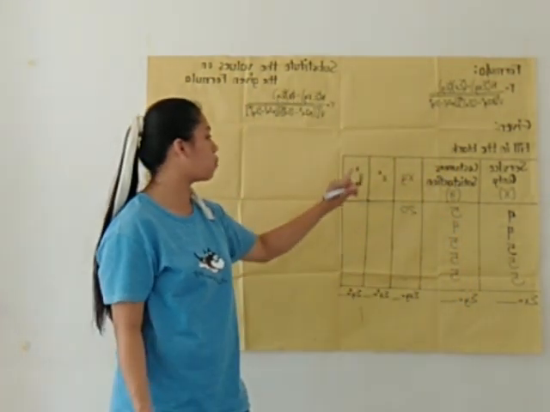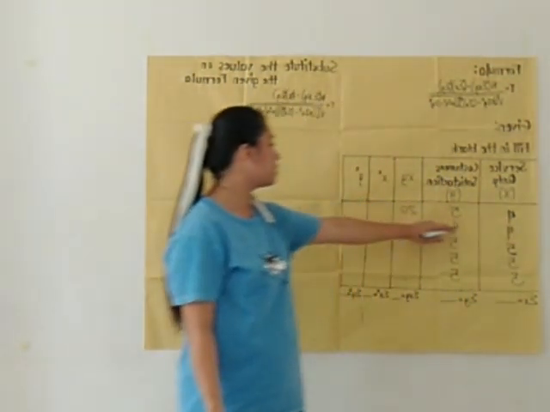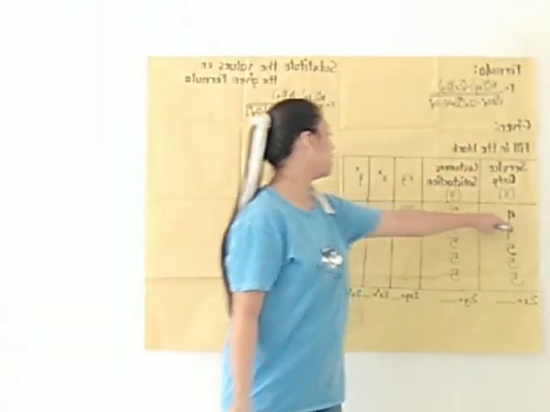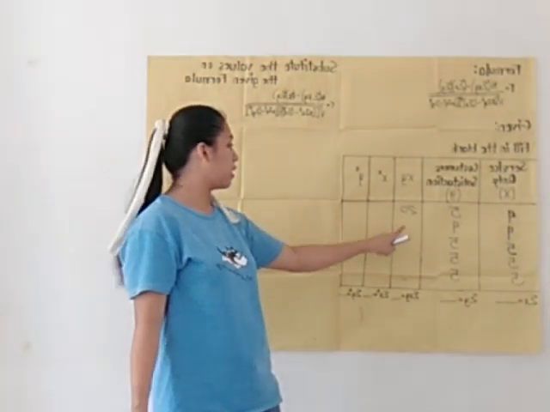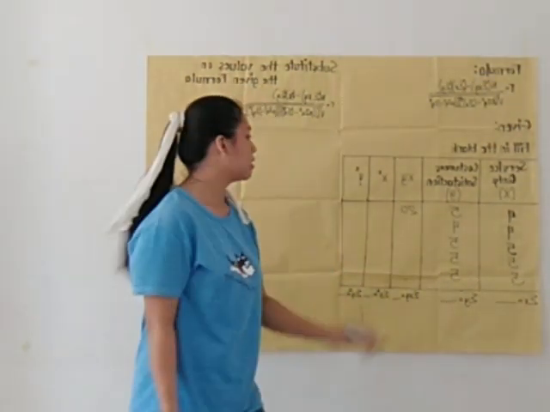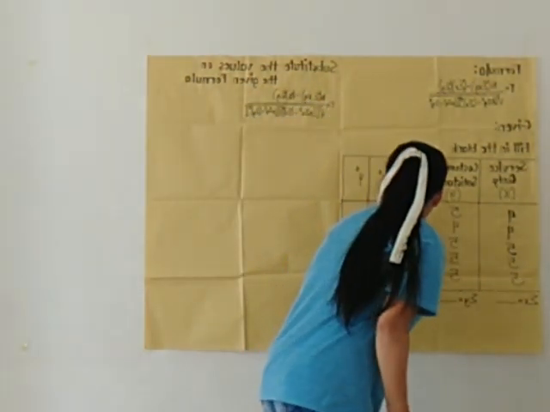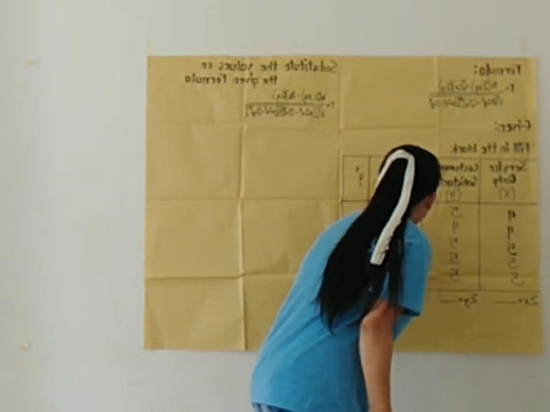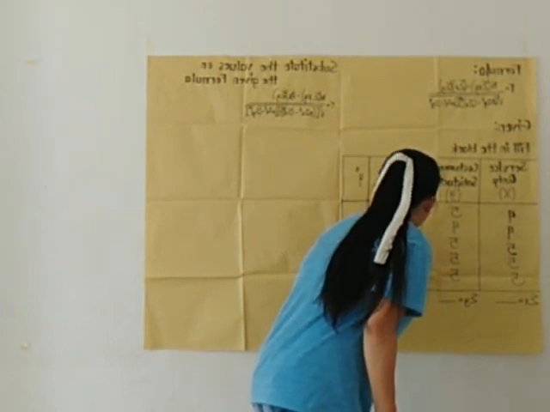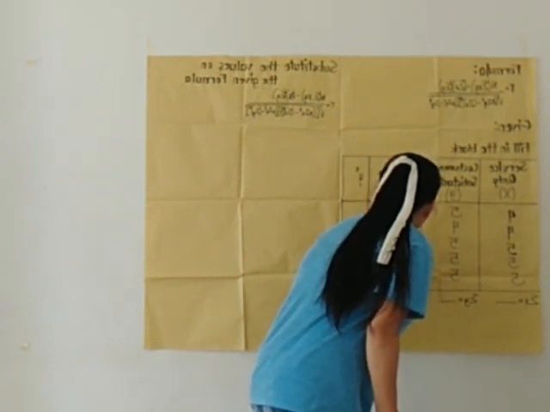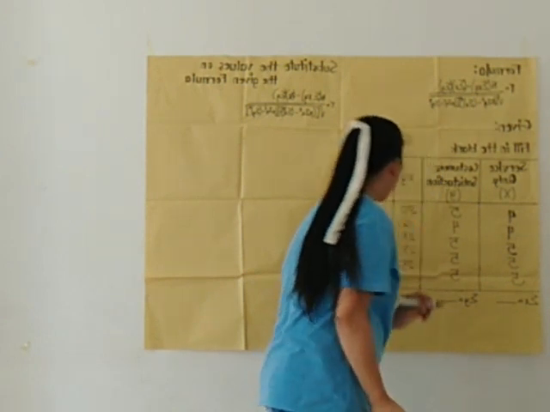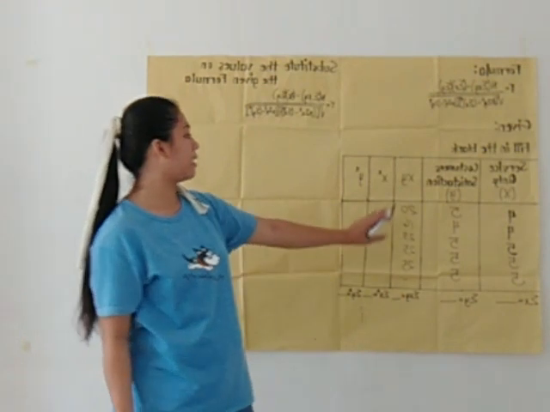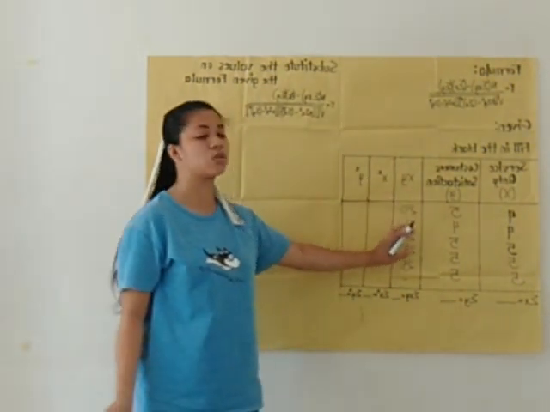So our xy in the first row is 20, and we follow with the other numbers. 4 times 4 is 16, 5 times 5 is 25, 5 times 5 is 25, and 5 times 5 is 25. So we already have the answer for xy.